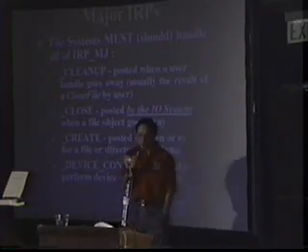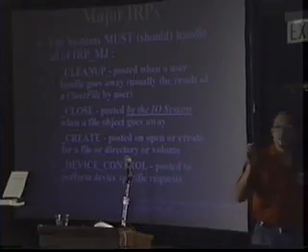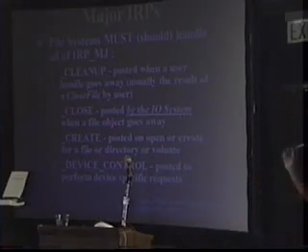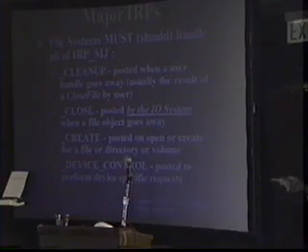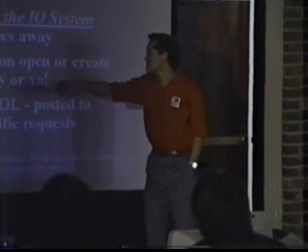The create operation is used whenever a user wants to open or create a new file, open or create a directory, or open a new volume. So when you actually do the create, you have to process it as either a file open, a directory open, or a volume open.